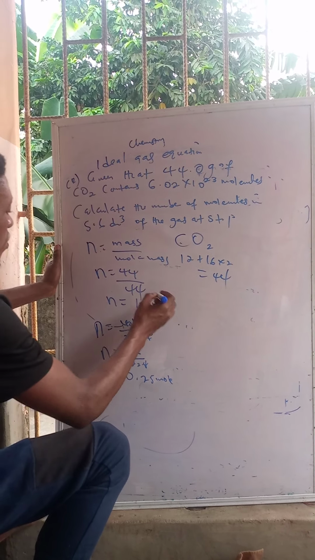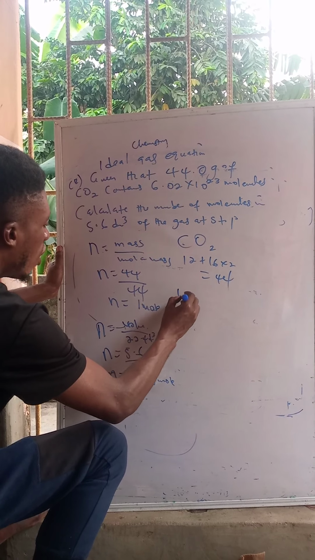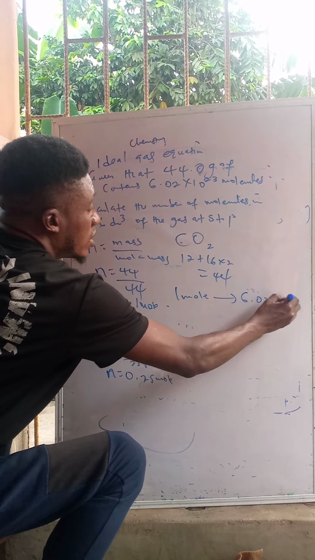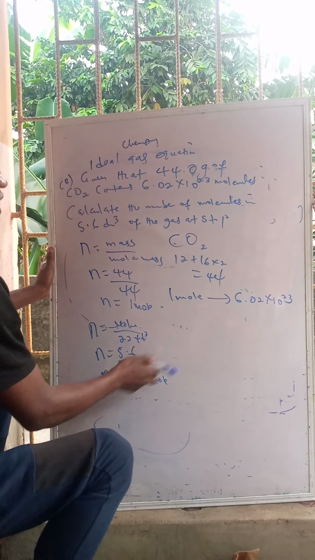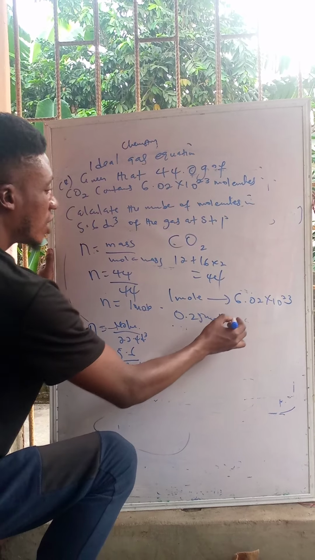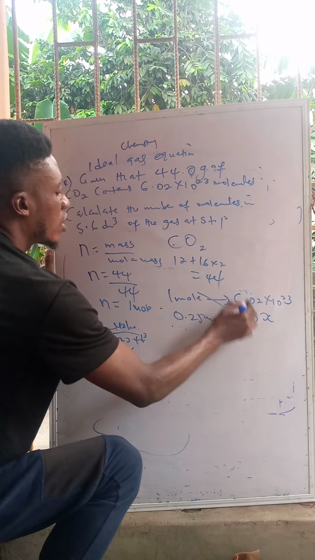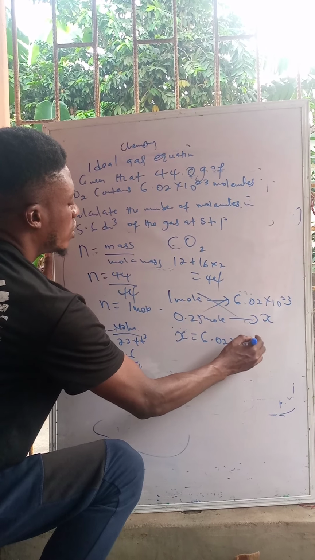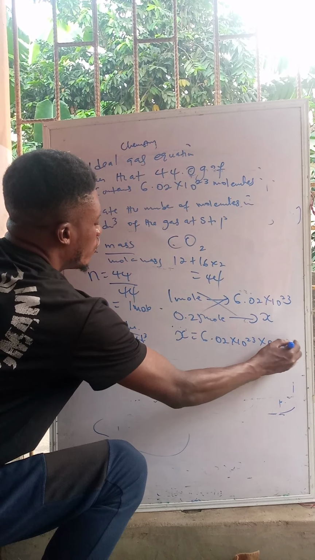So for the first one, remember we said that we have gotten 1 mole. They said it contains 6.02 times 10 raised to the power 23. So that means 0.25 moles of that same gas will contain how many? X. Cross multiply. X equals 6.02 times 10 raised to the power 23 times 0.25.